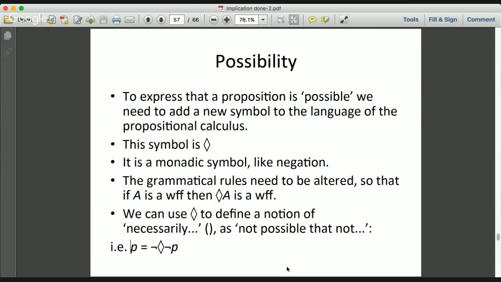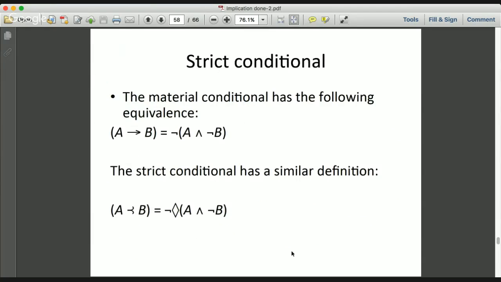Now if we've got one new symbol to mean possibility, and we can define another one, box, meaning necessarily, we can say more things in the propositional logic than we could do before.